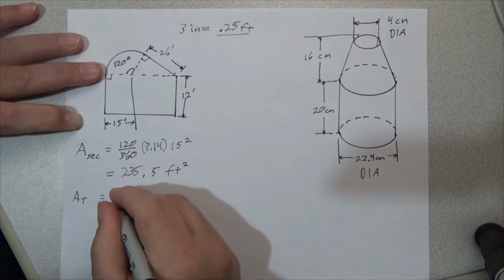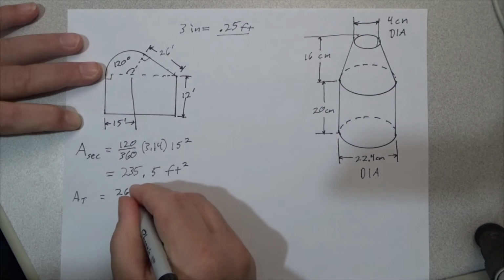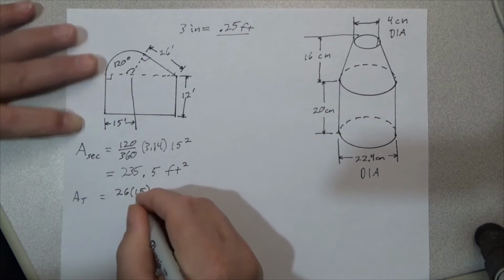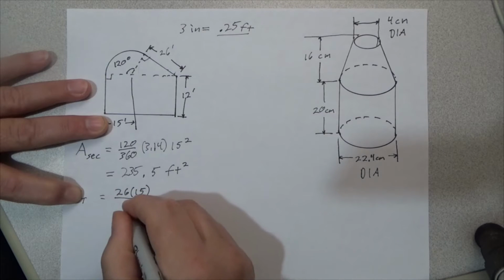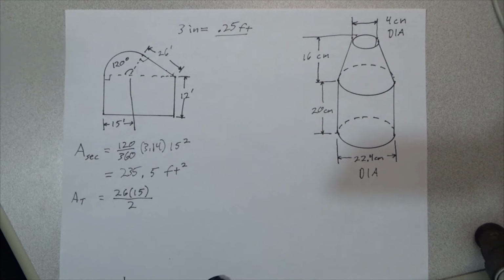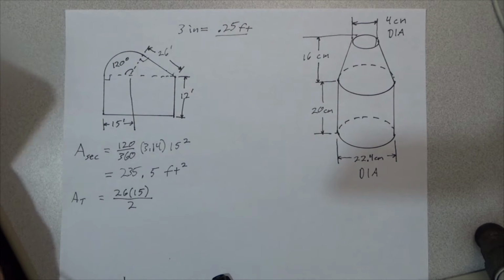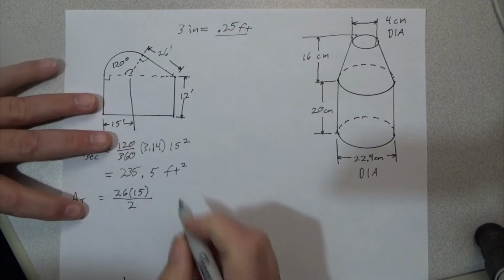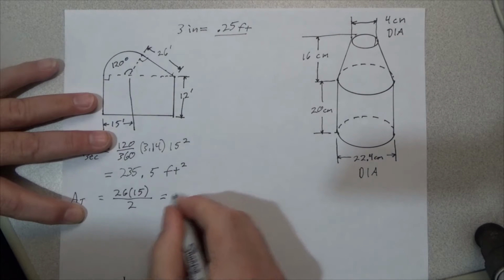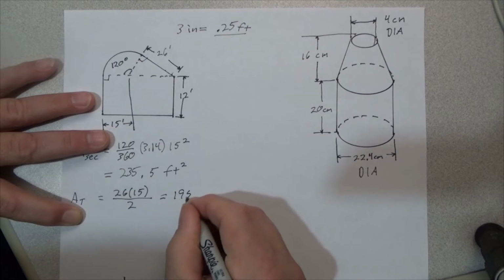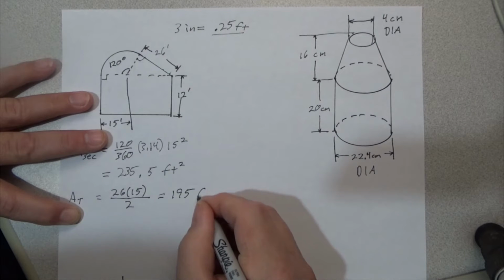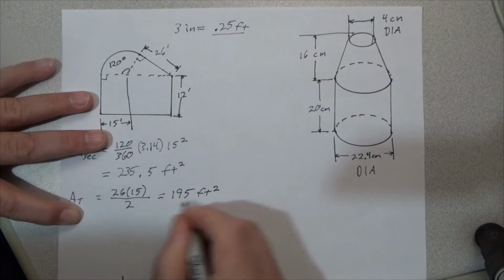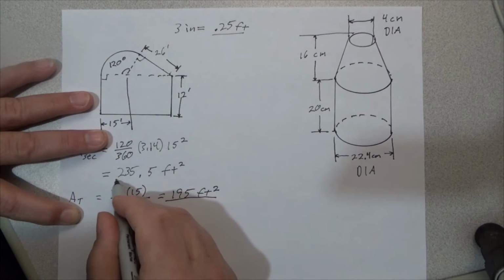It doesn't matter which number comes first. 26 times 15 divided by 2 gives 195 feet squared. So there's one important number.